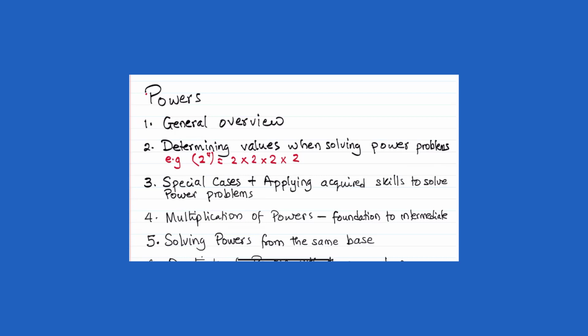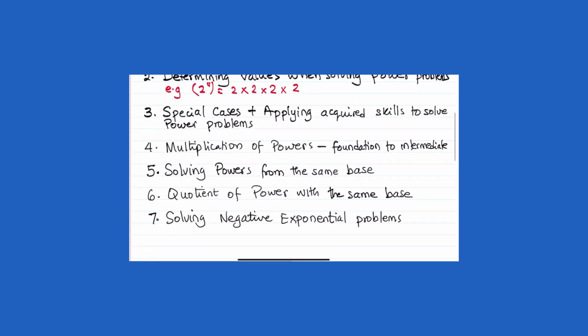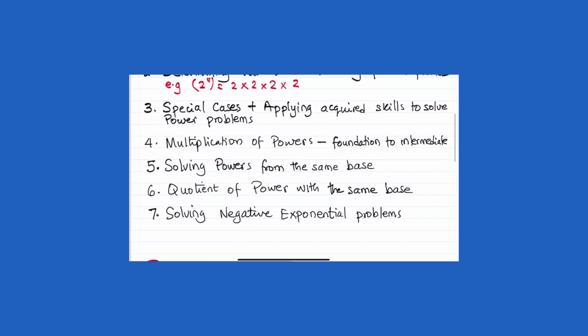You'll be able to do multiplication of powers, from the foundational level to the intermediate level, and we transition to exponential equations. Then we want to be able to solve power problems with the same base, and then quotient of powers with the same base, and how to solve negative exponential problems. And each of these has tons of exercises.